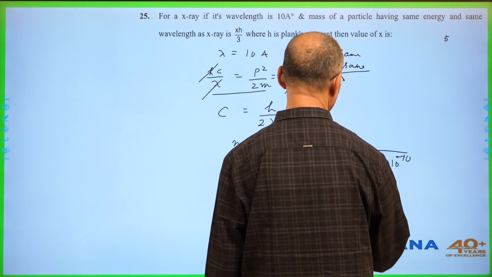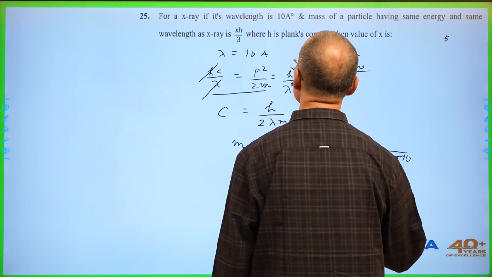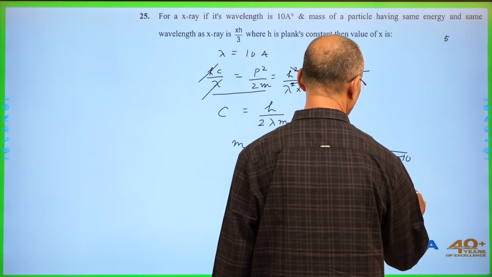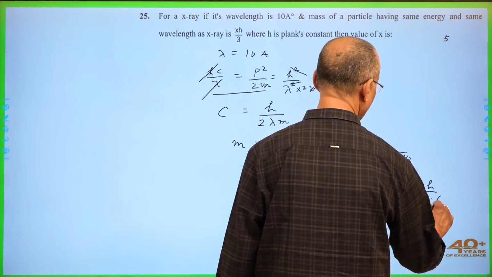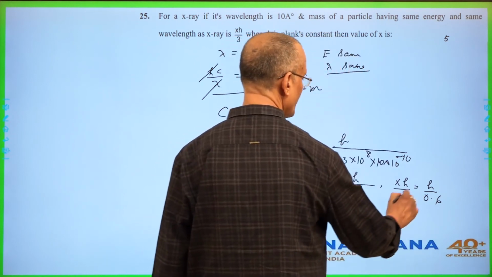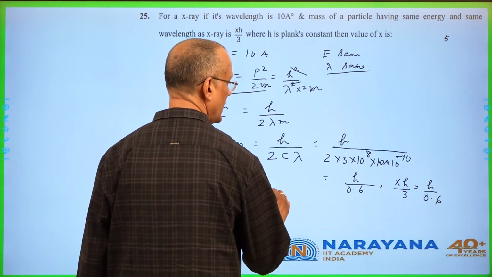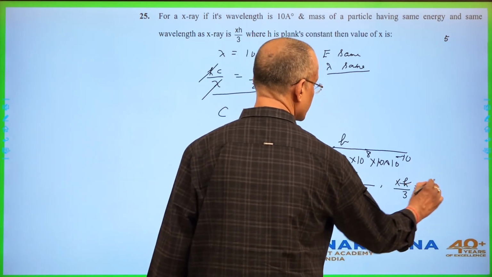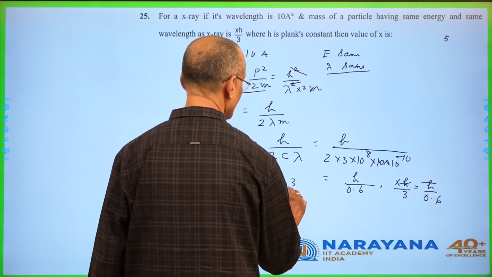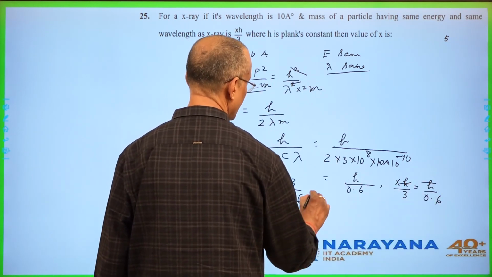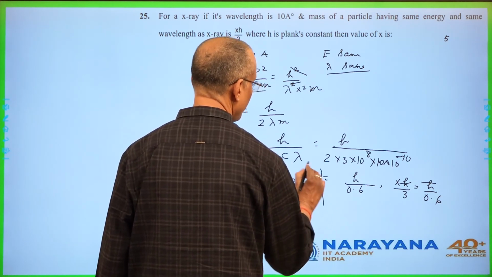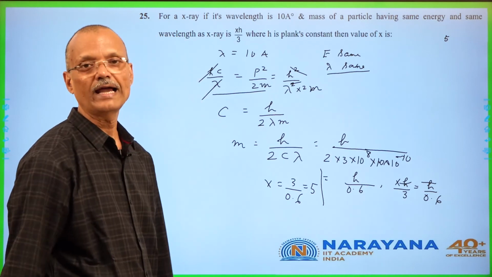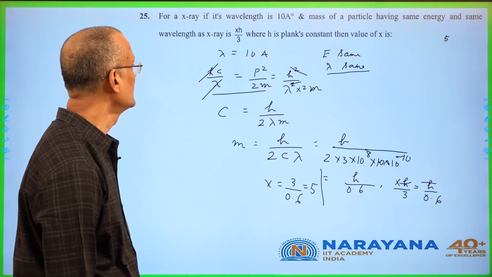So I am having x h by 3 equals h by 0.6. If you take that, h is cancelled, x will become 3 by 0.6. I am getting 30 by 6, 5. The value of x will become 5.